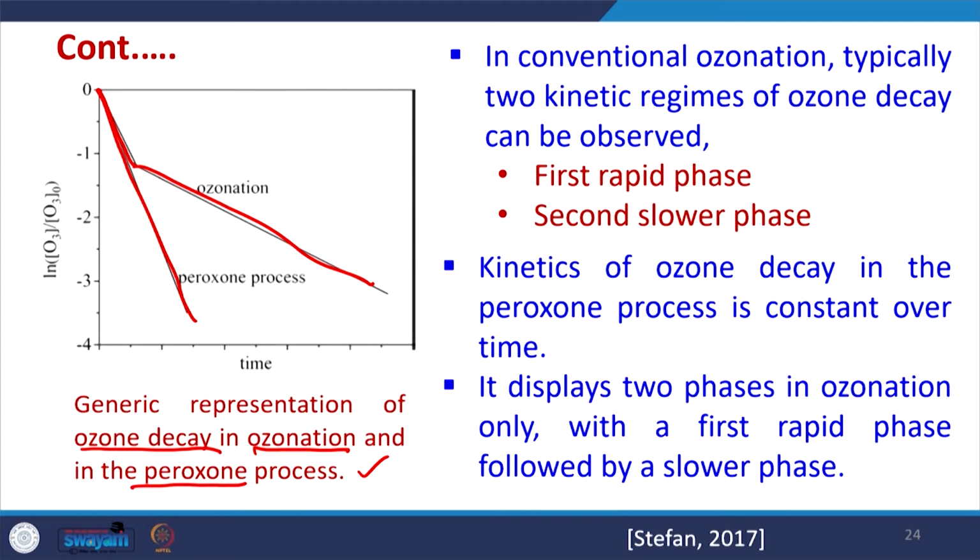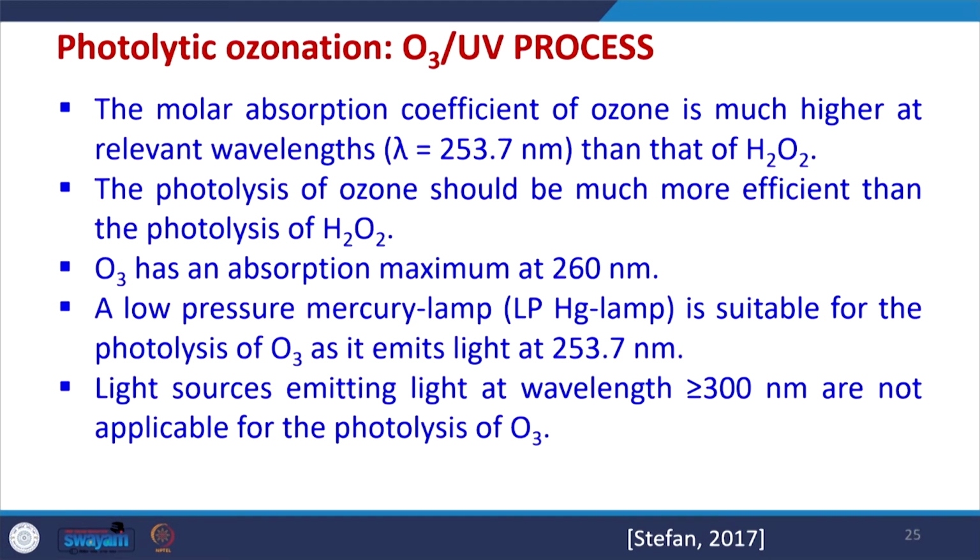The kinetics of ozone decay in the Peroxone process is constant over the whole range. We can see here it is overall constant. So, it displays two phases in ozone only, whereas it shows only one phase in the Peroxone process.